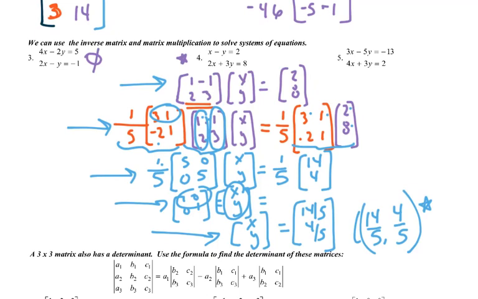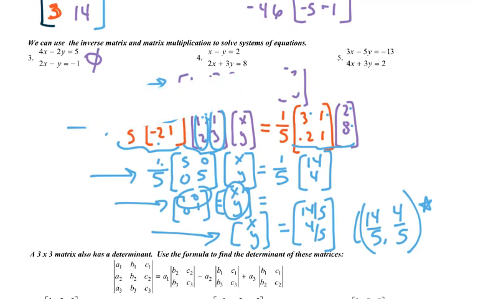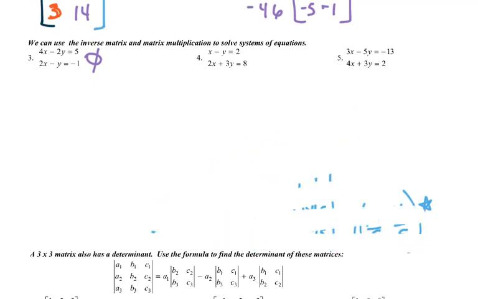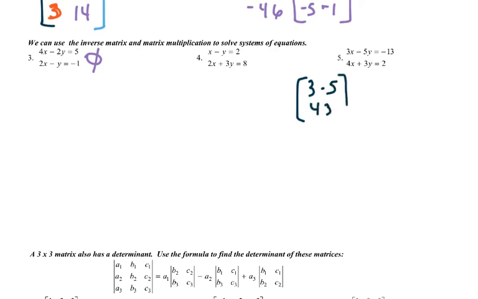Because I'm out of room here, I'm just going to erase what I just did, and then use that space to do number 5. And then after that, we'll be in good shape. So let's see, number 5. First, I'm going to rewrite this as a matrix. So 3, -5, 4, 3 times xy, I'm just getting that from the coefficients, equals -13, 2.